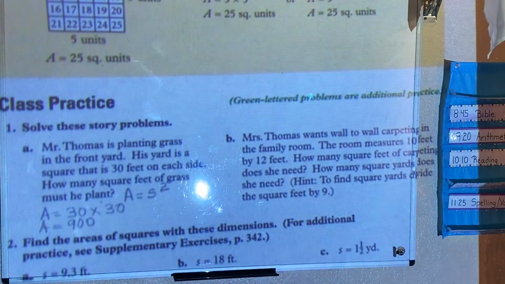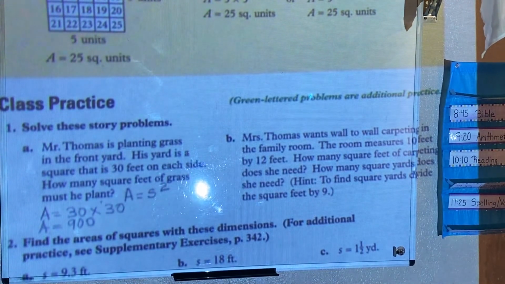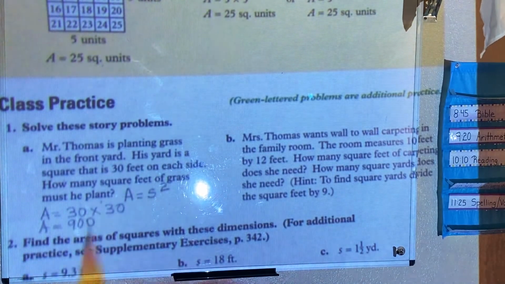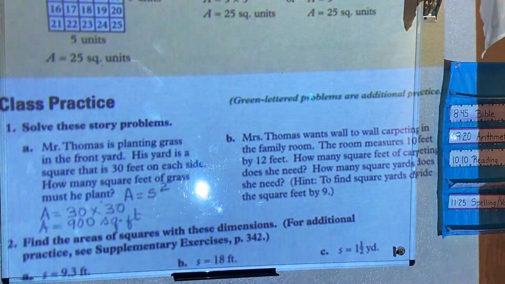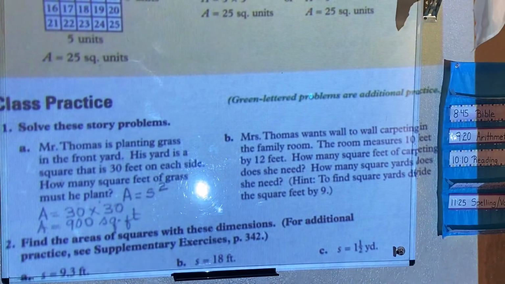But remember, in the previous lesson, we learned that whenever I'm multiplying feet by feet, my answer is going to be square feet. So it's very important that in my answer, I add square feet. That would be the answer for letter A.